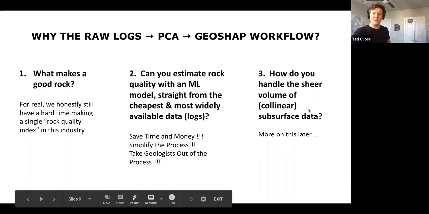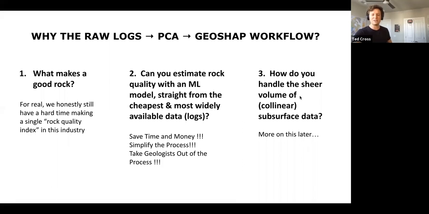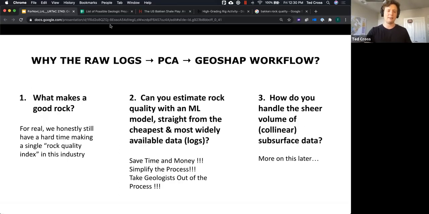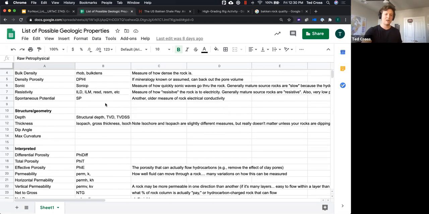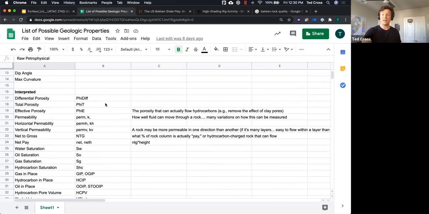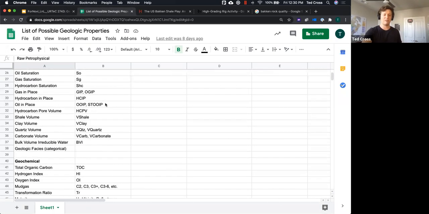And number three is, how do you handle the sheer volume of collinear subsurface data? This is a lot of what I proposed this talk around. For more context, in the course of working on Data Engine, we decided it would be helpful to have a list of the possible geologic properties someone might provide to us. I made a swing at what I could come up with, and if anybody wants to look at this tape, you're welcome to.